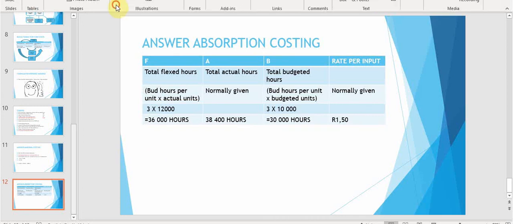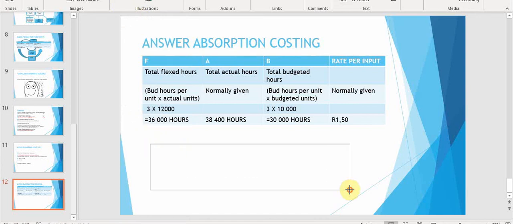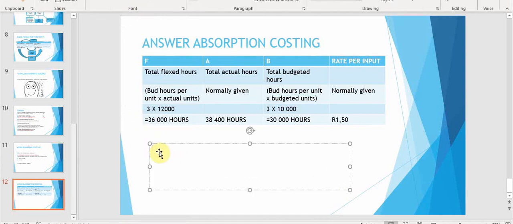So I'm just going to insert here a text box so that I can type. The first one that we are going to calculate is your capacity variance. I like to go in alphabetical order, so I do capacity, then efficiency, and then your volume variance, your fixed volume variance. The capacity is the middle one. We minus the one to the right and we times by the rate.